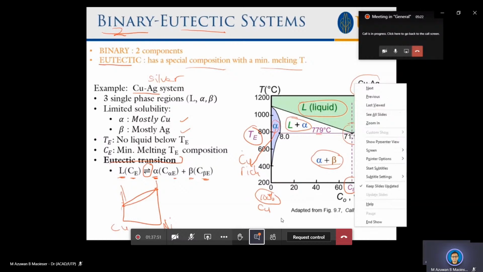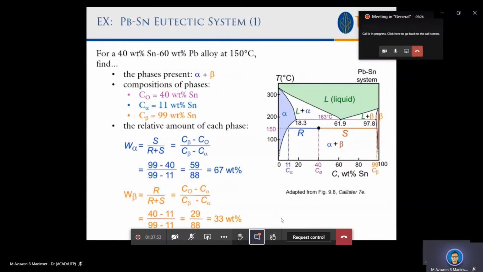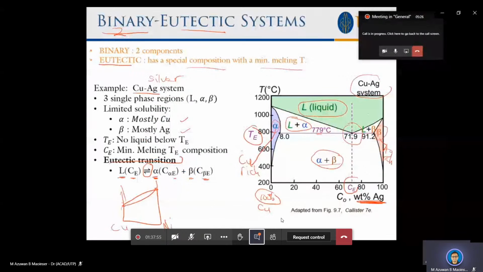If you move along that line going down, initially you are a liquid and then here you transform to alpha and beta. So alpha and beta will be at the eutectic composition. What is it? I have to extend my line.